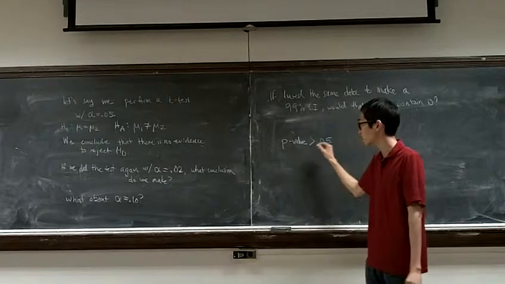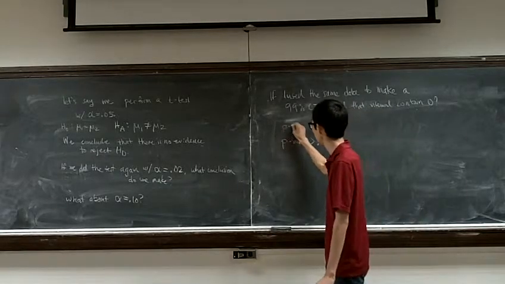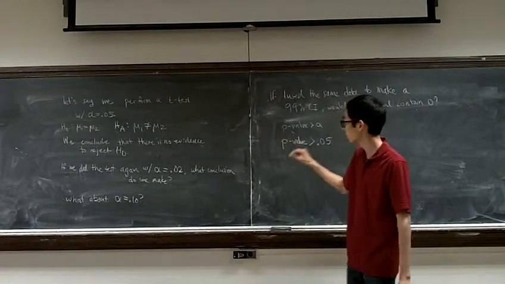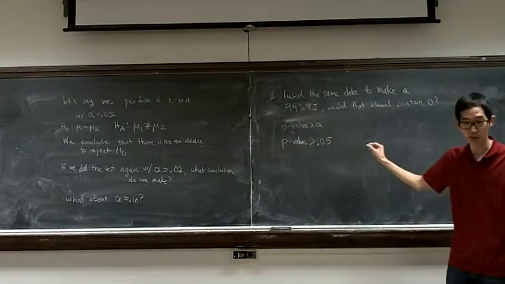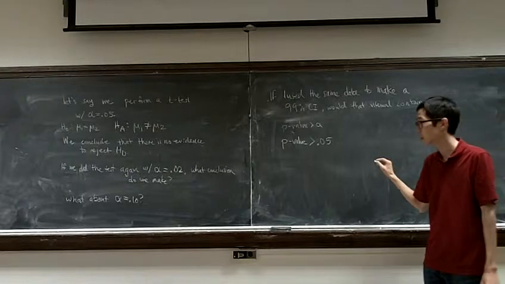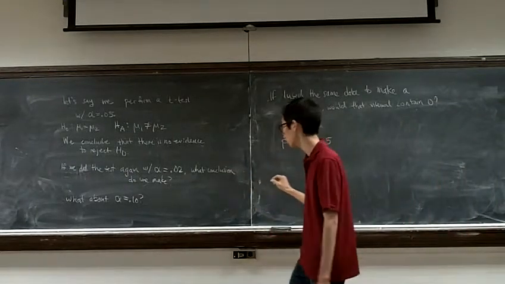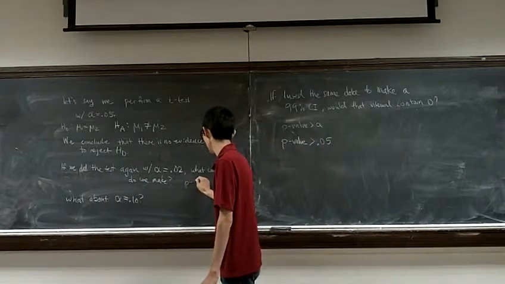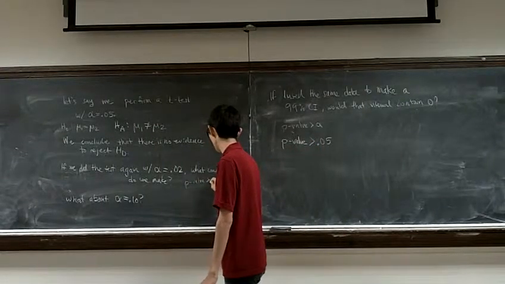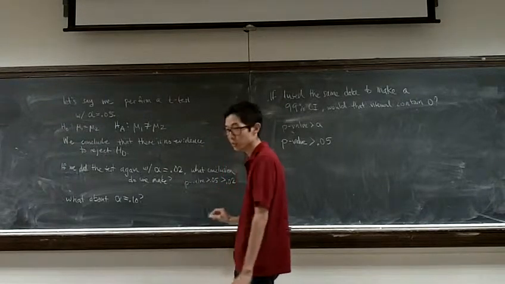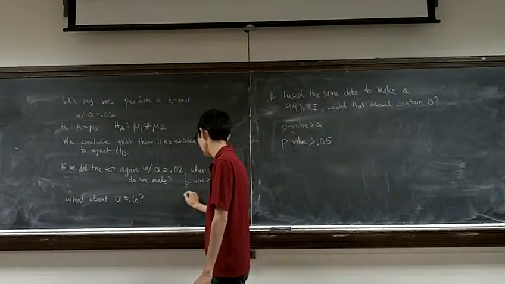That tells us my p-value is bigger than alpha, and my alpha was 0.05, so I know that my p-value is greater than 0.05. So if I did the same test with alpha equal to 0.02, my p-value is greater than 0.05, which necessitates that it's greater than 0.02. So I would come to the same conclusion.